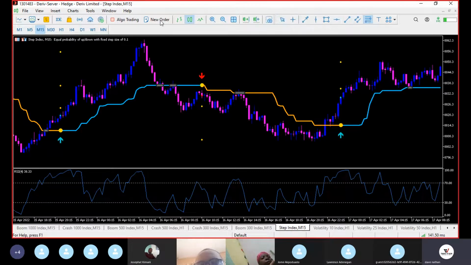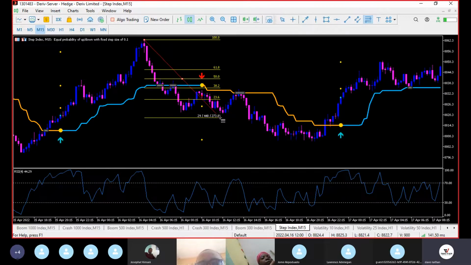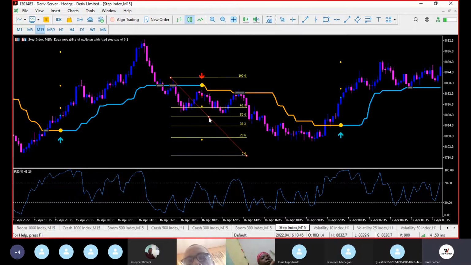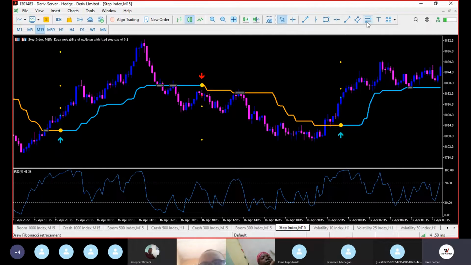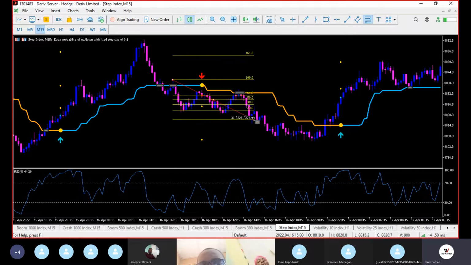Let's start from here to this level. Okay, so there was no signal here. Let me come here. Just a minute. So let's start from this next resistance to this next support.